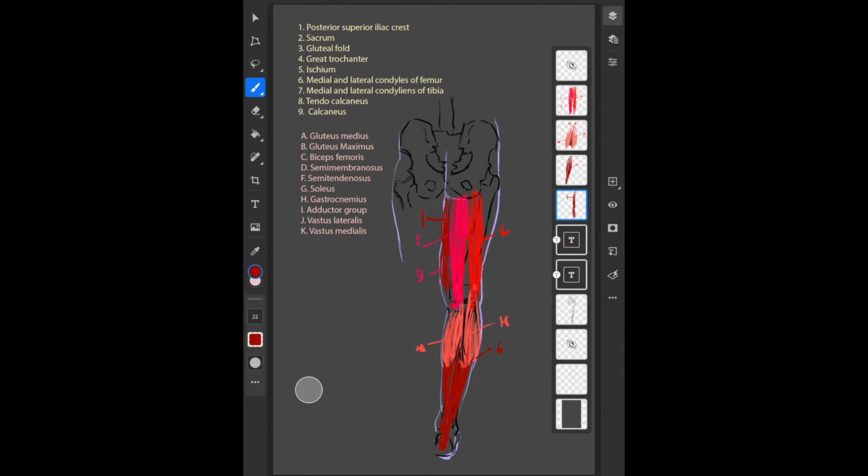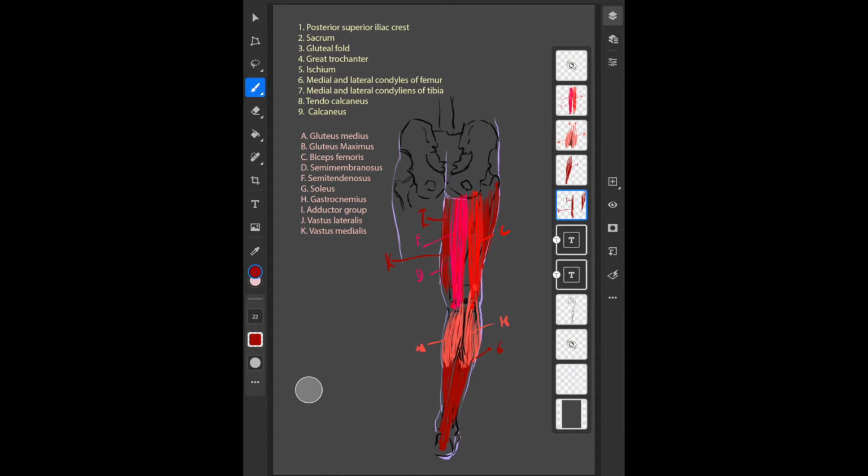So the adductor group is going to be I, Vastus Medialis is going to be K, and then on the outside, we have your Vastus Lateralis. So the contours from the back are created by muscles that are also visible from the front. Okay, what else do we need to cover?